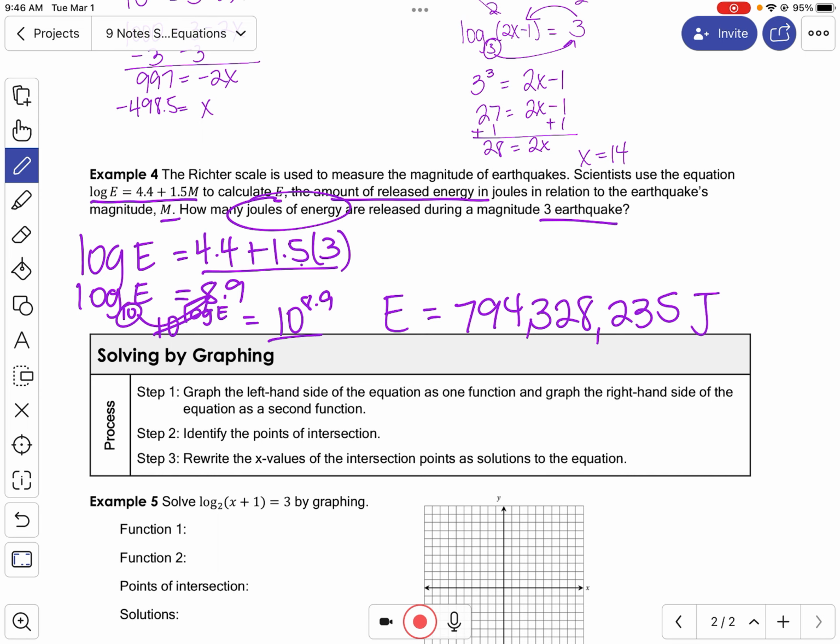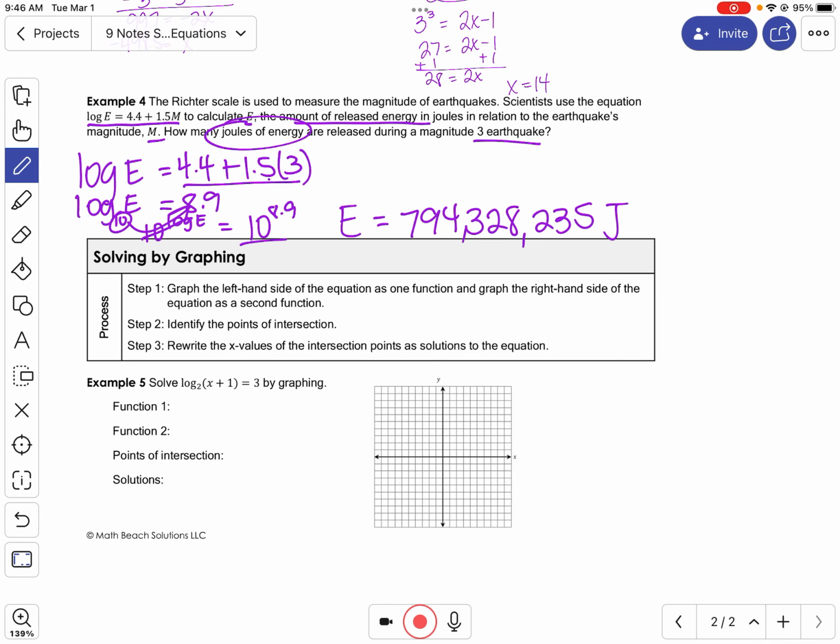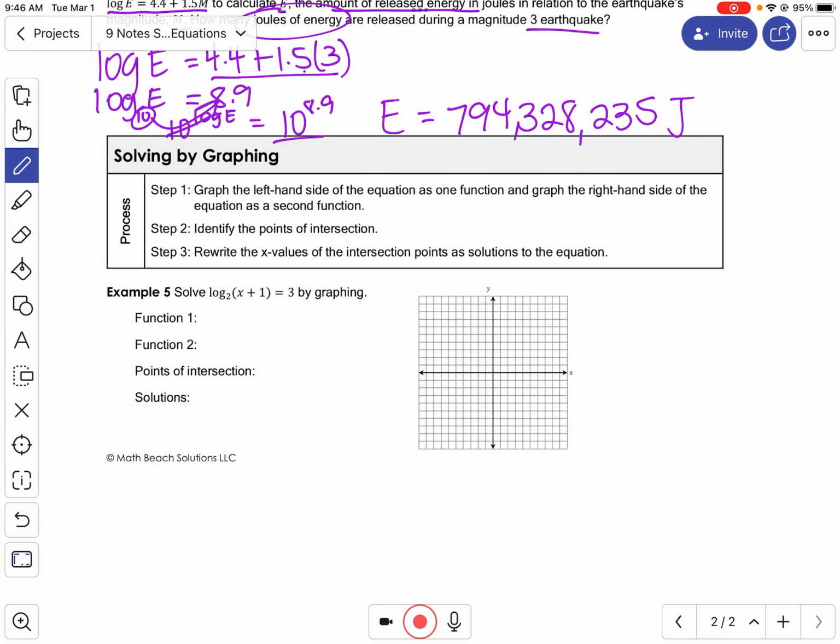Okay. Last method is solving by graphing. First you graph the left side, graph your right side, and you find your points of intersection. Very similar to what we were doing when we solved the exponential equations graphically. So function 1, I'm going to type in log base 2 of x plus 1, and then my right side is 3.